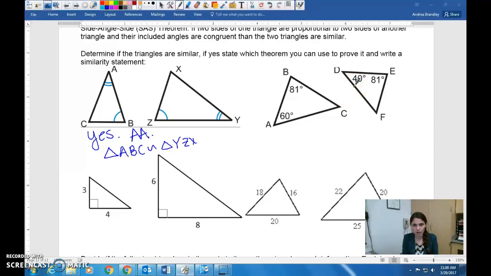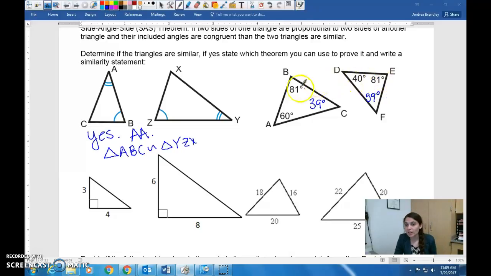So if I start on triangle ABC, and I do 180 minus 81 minus 60, this is 39 degrees. If I do that same thing with my other triangle, 180 minus 40 minus 81, this is 59 degrees.